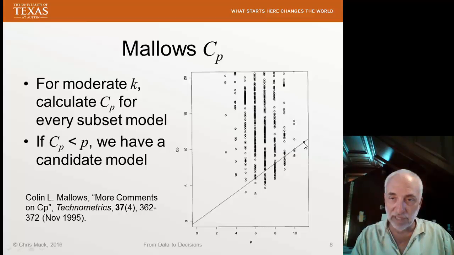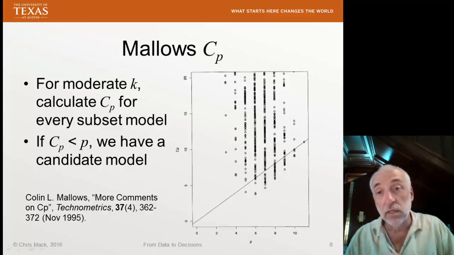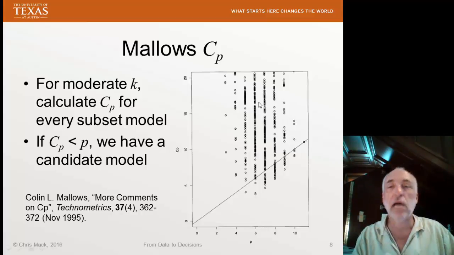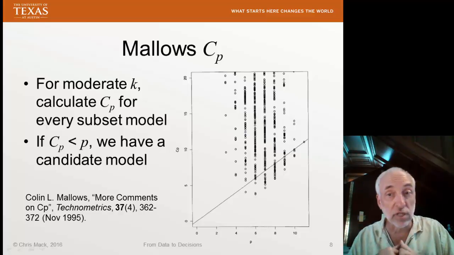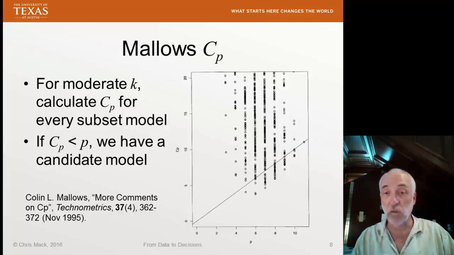Well, by definition, Mallows Cp for 11, the full model, is going to be equal to p. But all these other models could be lots of different things depending on how good those models are when I reduce the number of parameters. So if I could calculate all of them, I could generate this chart of Cp versus p for all the different models. Now, I can do a couple of things with this.